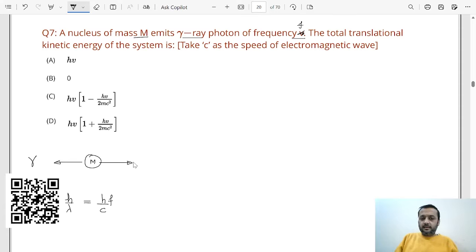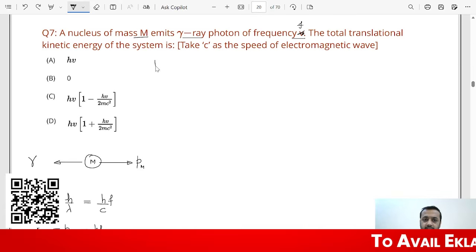So the momentum of this nucleus will also be the same value, which means this will also be hf by c.